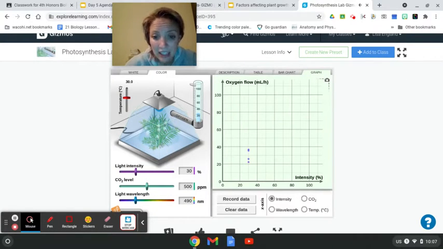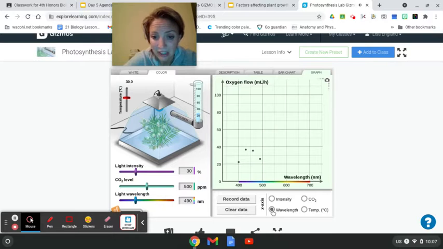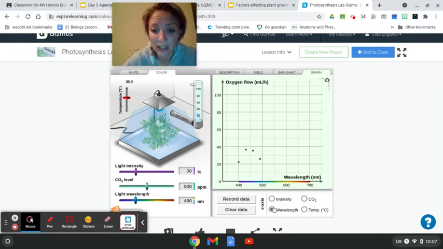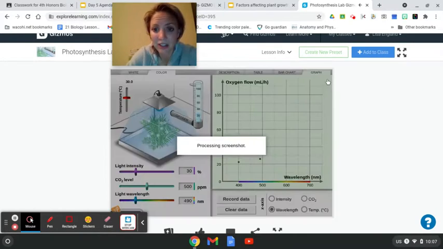And then I want to make sure that my graph is graphing the wavelength. So you have to click on what you want on the x-axis, which should be your independent variable. So in this case, I'm adjusting the wavelength. So I click on wavelength. Then I come over here to the right-hand side where it says camera.